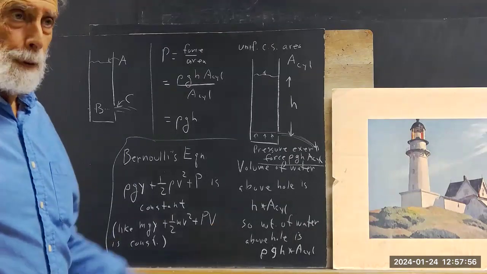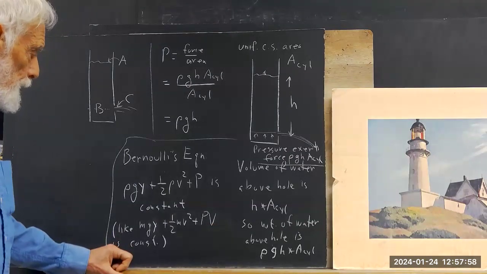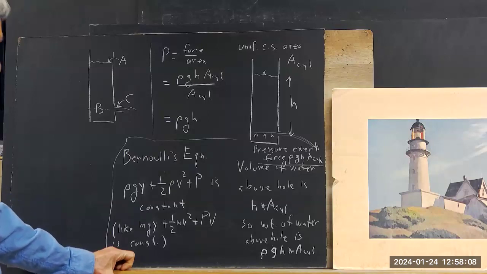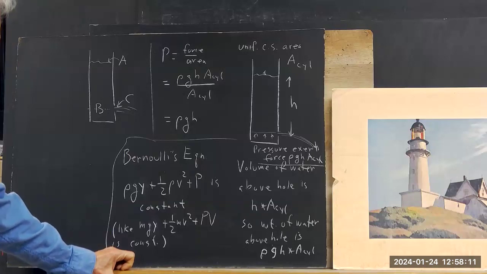Maybe it's a prejudice because I really hate the formula mgh, which obscures what happens when gravity is changing. People always get hung up on that because of that stupid formula. Potential energy is equal and opposite to the work done by the gravitational force. Period.